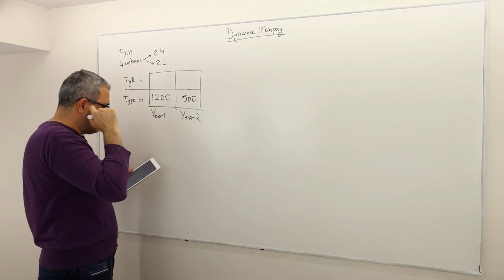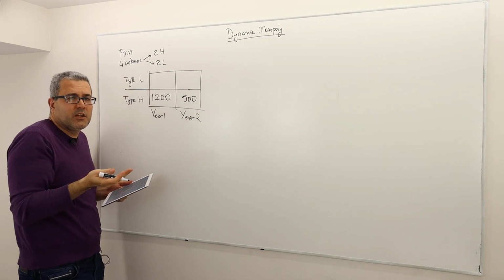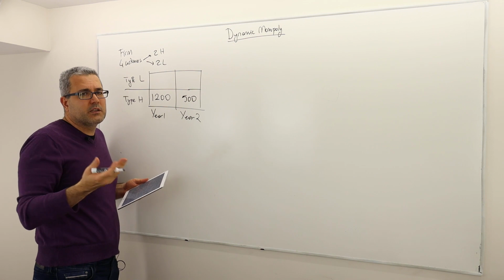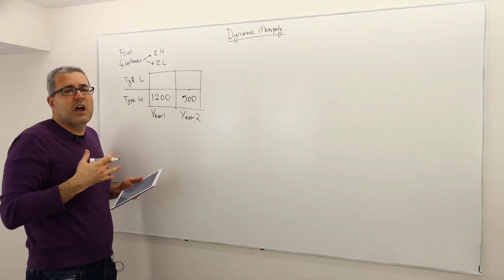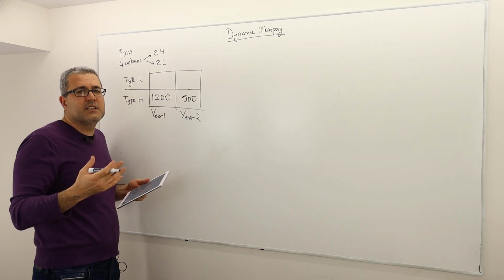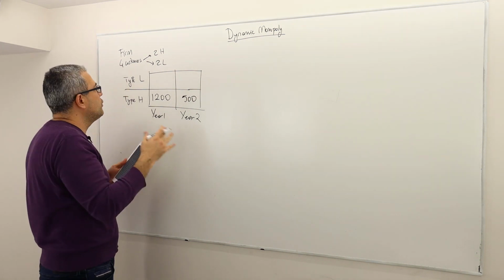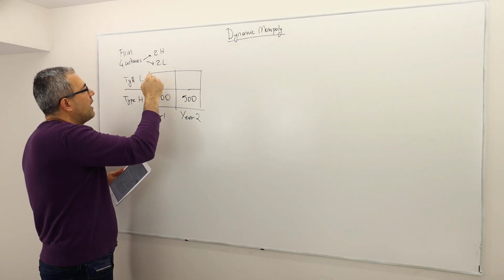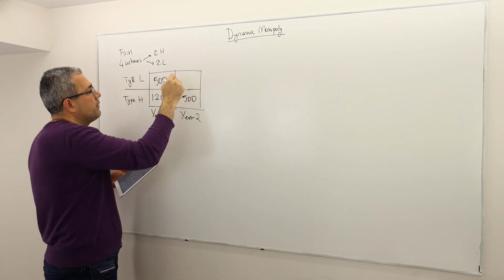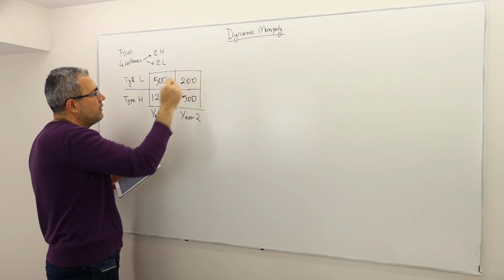Okay, and so basically a total of 1,700 units. Or, if you like, you can just call them dollars. So $1,700 is how much type H is willing to pay for this cell phone and own it for the whole 2 periods. Type low, however, is benefiting only 500 units in period 1 and only 200 units in period 2.